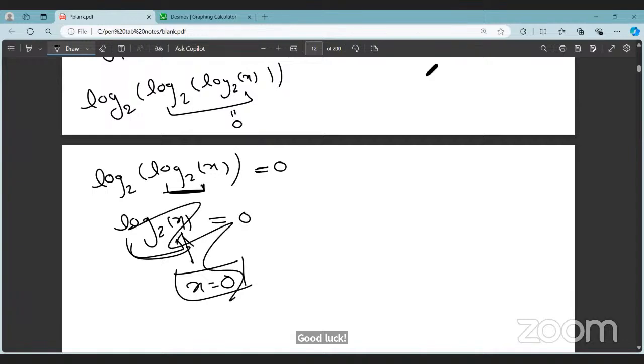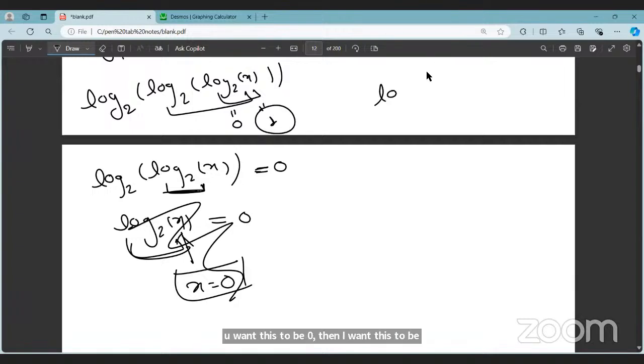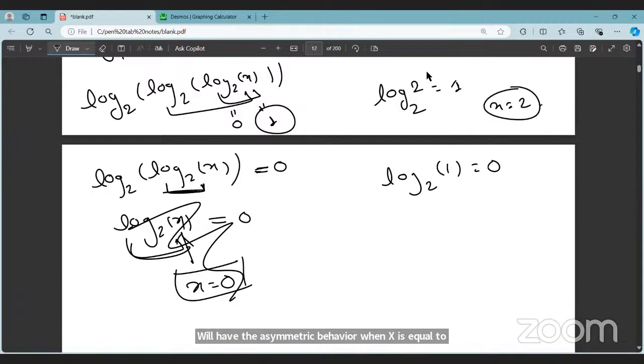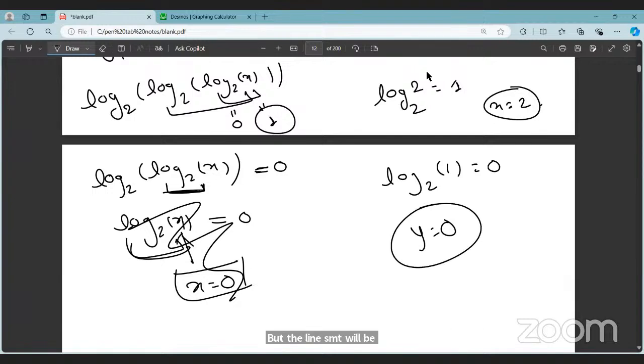If you want this to be 0, then I want this to be 1. Because log base 2 of 2 is equal to 1, then log base 2 of 1 is equal to 0. So that's why this log will have the asymptotic behavior when x equals 2. But the line asymptote will be y equals 0 only, right?